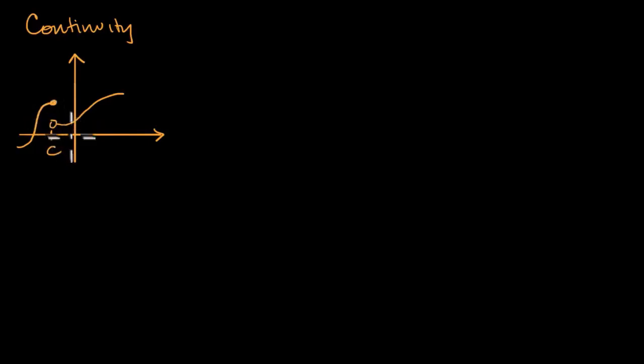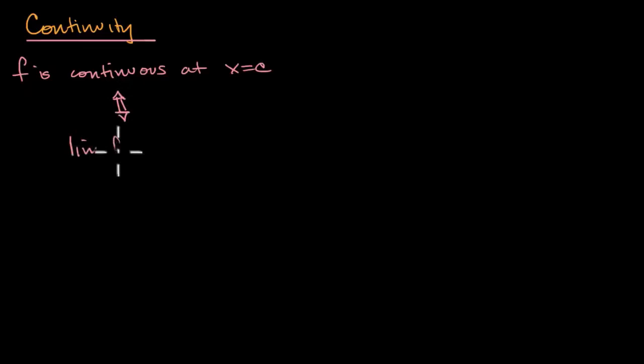But let's actually come up with a formal definition for continuity and then see if it feels intuitive for us. So the formal definition of continuity, let's start here. We'll start with continuity at a point. So we could say the function f is continuous at x equals c if and only if, I'll draw this two-way arrow to show if and only if, the two-sided limit of f of x as x approaches c is equal to f of c.